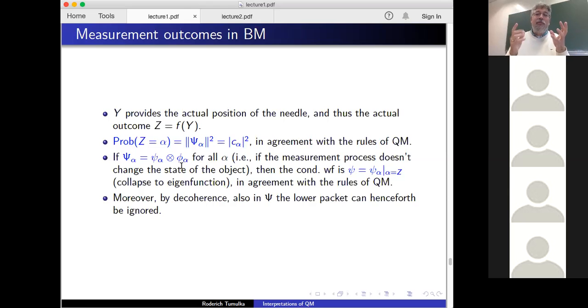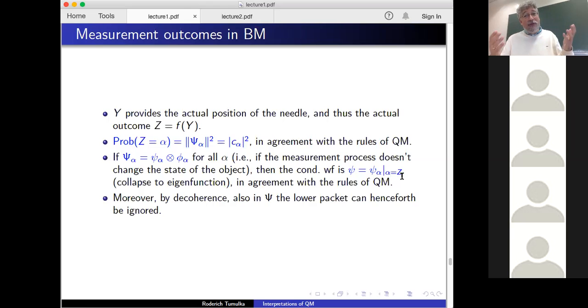That is the state of the apparatus where the needle is pointing to the value alpha. Okay, but the state psi alpha of the object, or the system, has not been changed relative to what it was initially. Then it follows that the conditional wave function is just this psi alpha, this eigenfunction at the appropriate value of alpha, which is the alpha that came out as the result of the experiment.